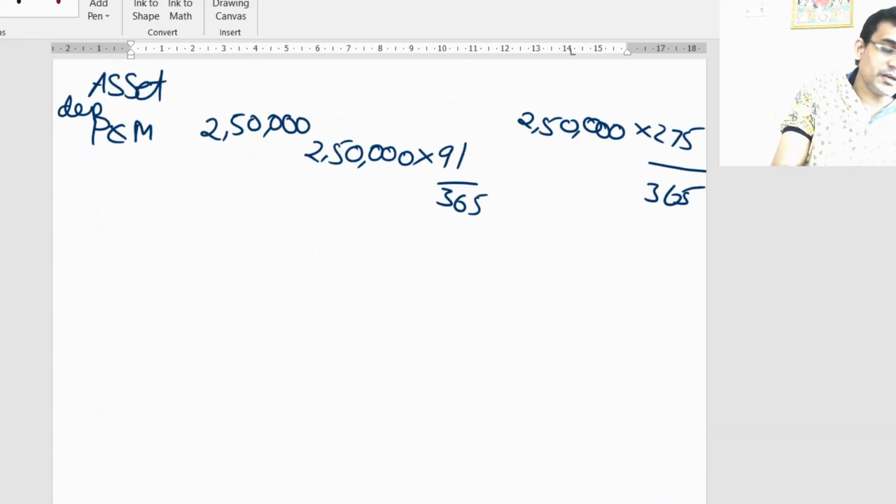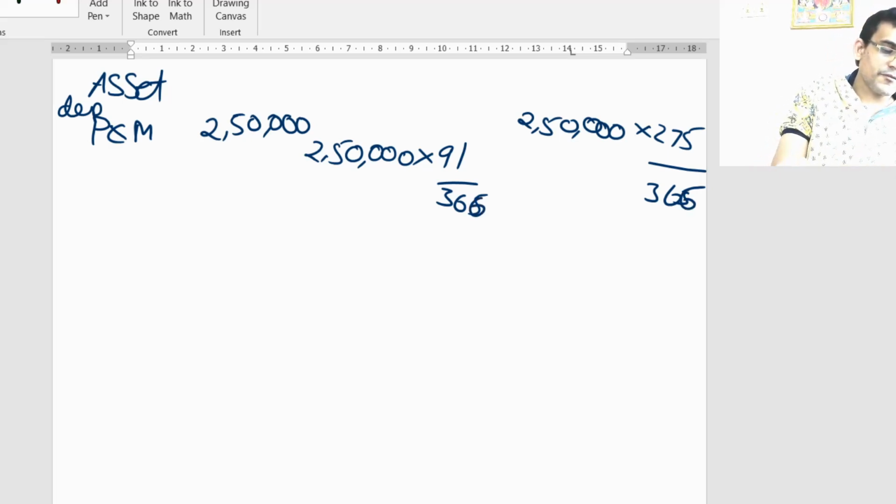Now let us see what is coming there. 2,50,000 is the depreciation. Sorry, it is not 365 as it is a leap year. I need to consider it as 366.